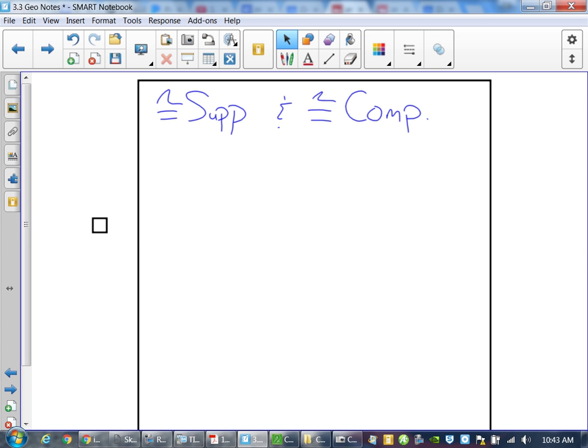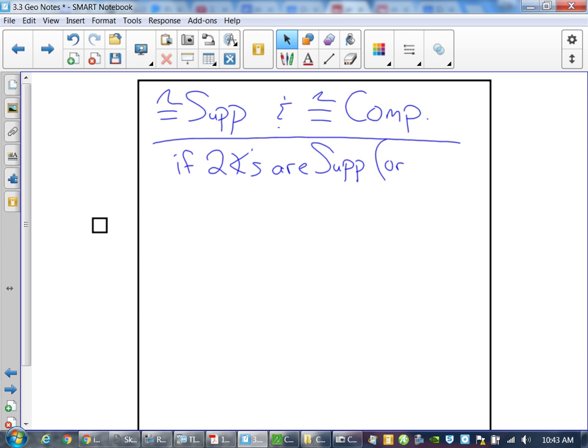And it goes the same way with complementary. But complementary just add up to equal how much? 90. I want you guys to remember this definition. If two angles are supplementary or complementary to the same angle, would you write that for me, please?